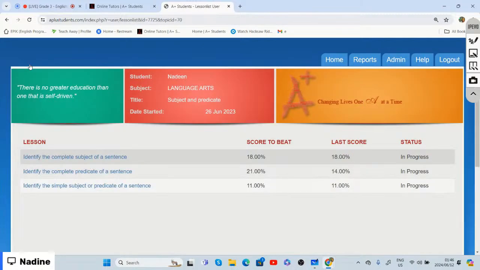All right, so that is our lesson on subject and predicate. We said that every complete sentence has a subject and a predicate.